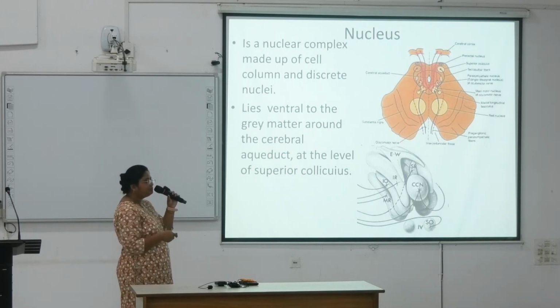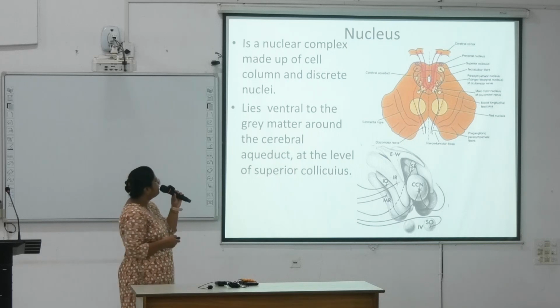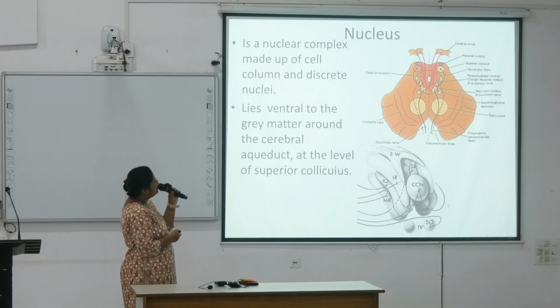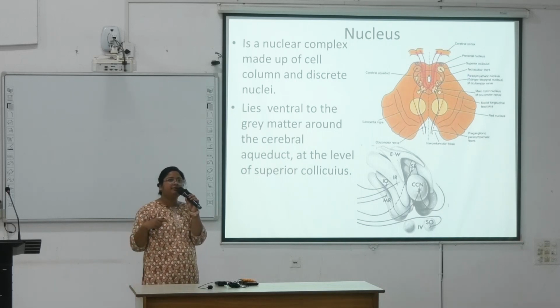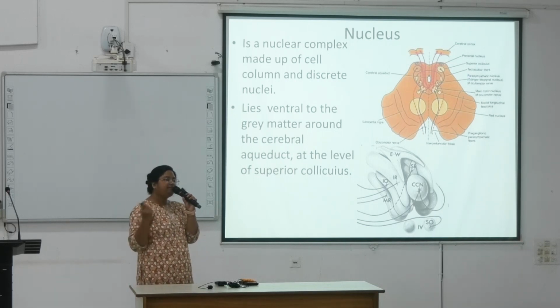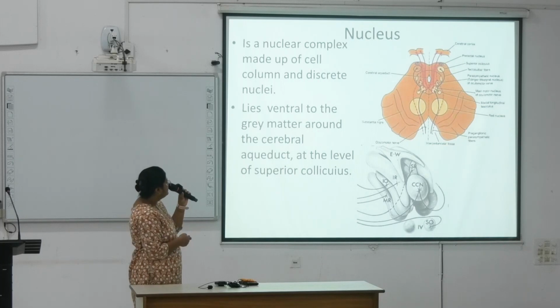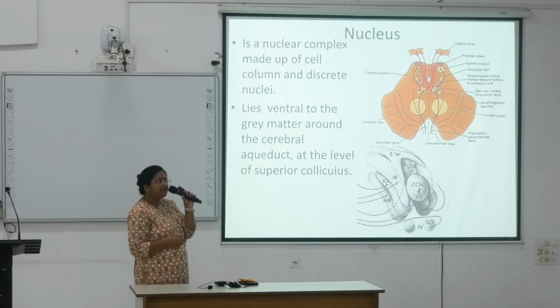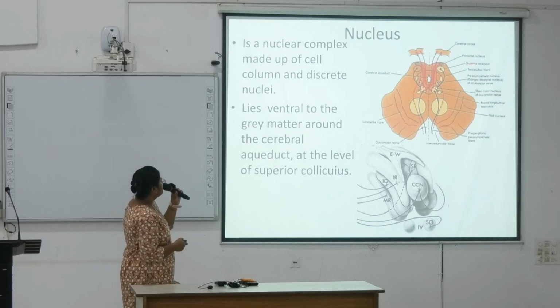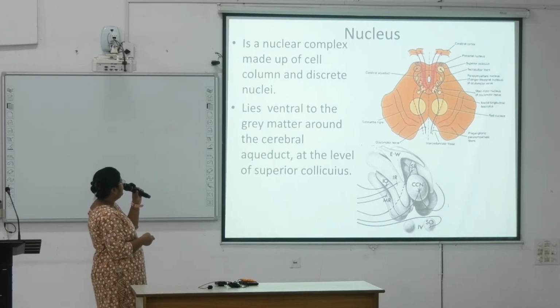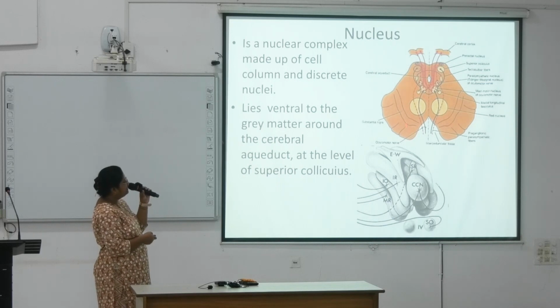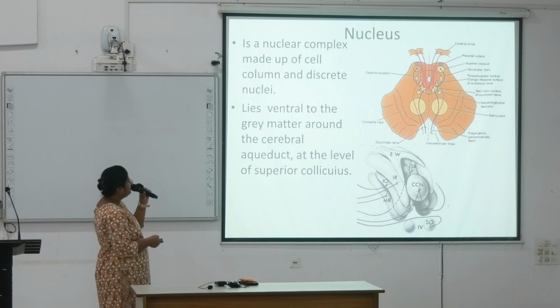This is a section through the midbrain. Okay, midbrain has tectum. Dorsally there are two colliculi, superior and inferior colliculi. They are forming the tectum. And the rest of the part is known as tegmentum. This whole of the part is the tegmentum. Okay, so this nuclei lies ventral. So this part is anteriorly. These are forming the cerebral peduncles.